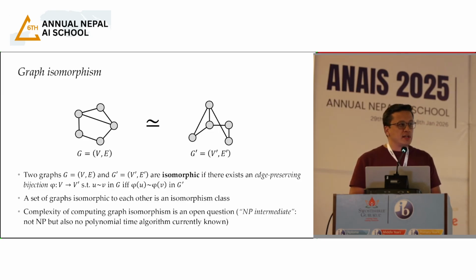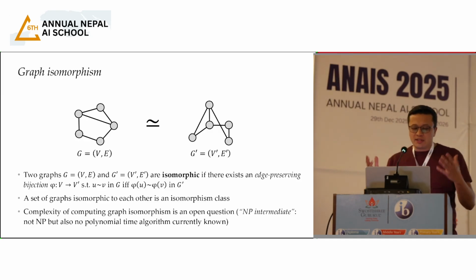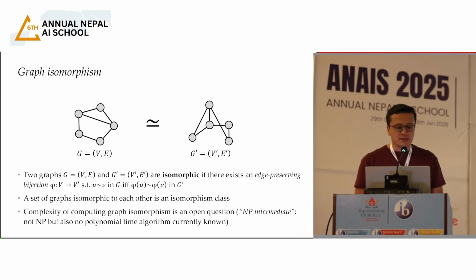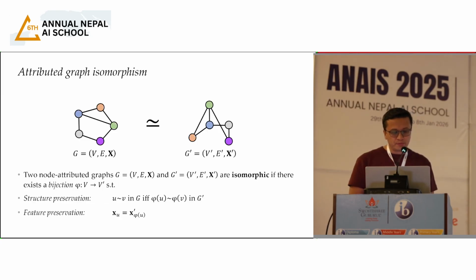It's usually classified as an NP-intermediate problem because we of course know it can be solved in NP, but we don't know whether it's NP-hard. So it's one of those very natural problems where we don't know exactly where it lies in the complexity hierarchy, right? But we know that it's hard in a certain sense, at least for the purpose of machine learning. It's not an easily tractable problem to solve.